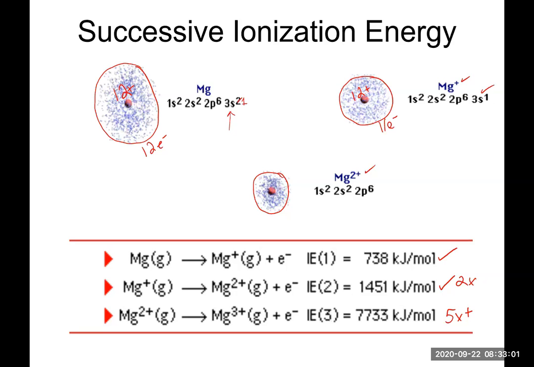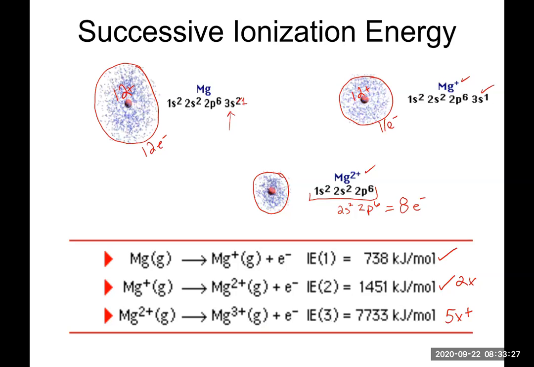And so when we think about what's going on here and we look at this electron configuration, we see that the 2s, so the second shell, has a perfect octet. There are 8 electrons in the outer shell now. And so that is very, very stable.